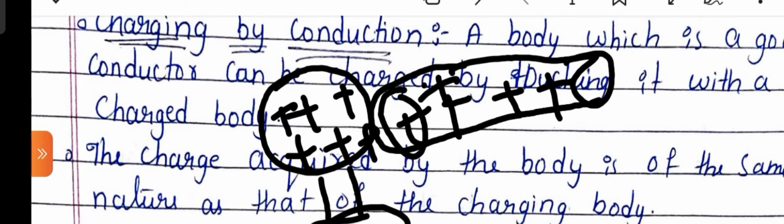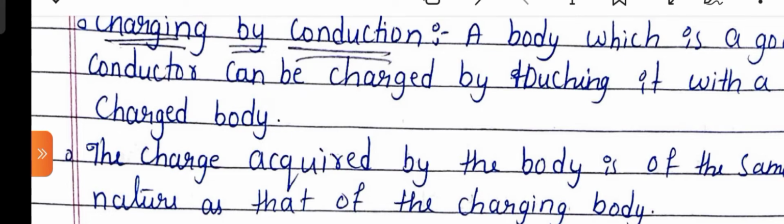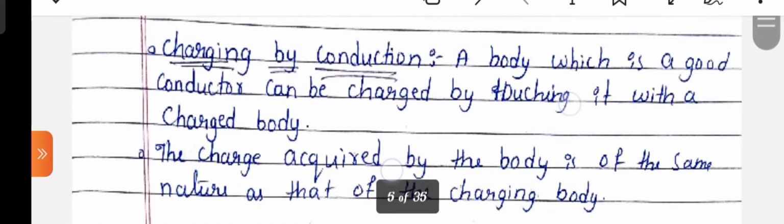That is, if the charged body has positive charges, the charge acquired by the good conductor is also positive. If it has negative charges, the charge acquired by the good conductor is also negative. The same is given here, whatever I have told.